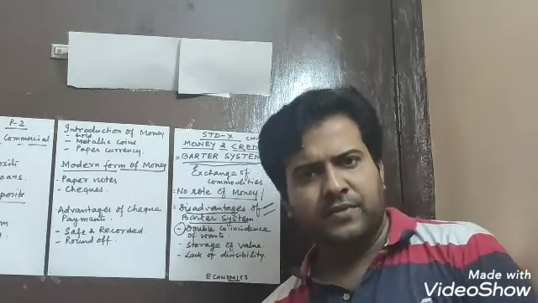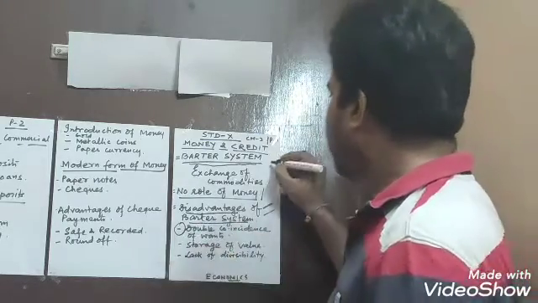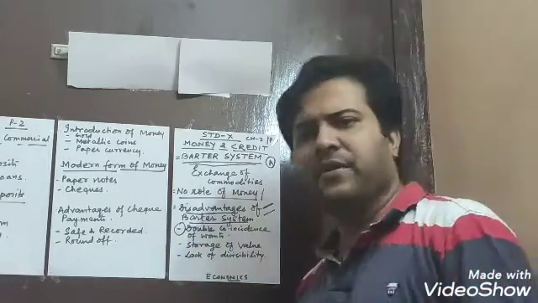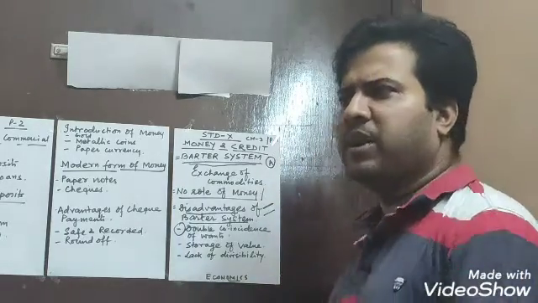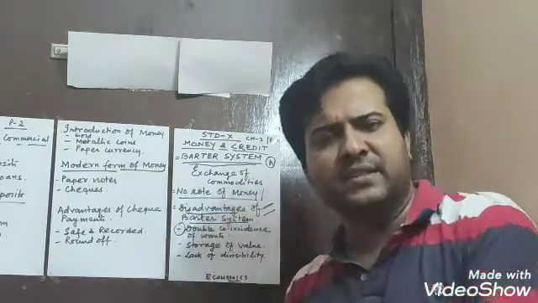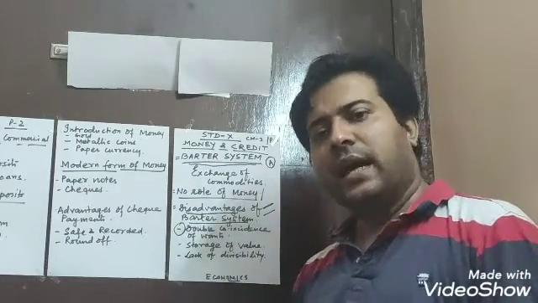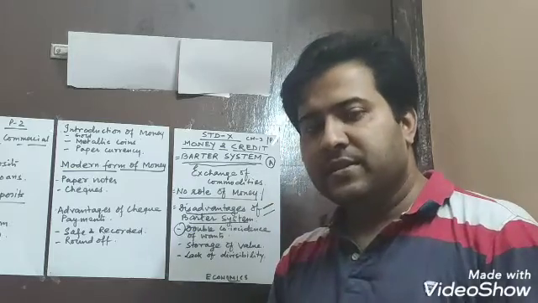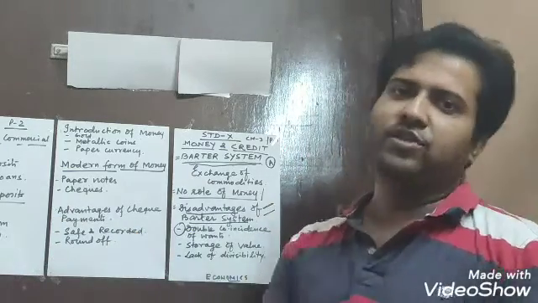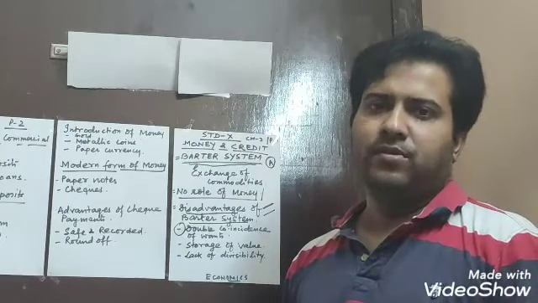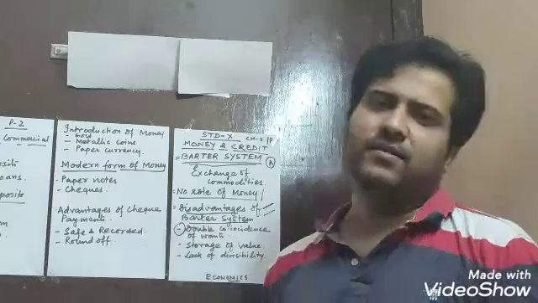It means that suppose a person A has a particular commodity. Let's take an example. The person A has a basket full of vegetables, and he needs a bucket of milk in exchange of that, or a sack full of rice in exchange of that.